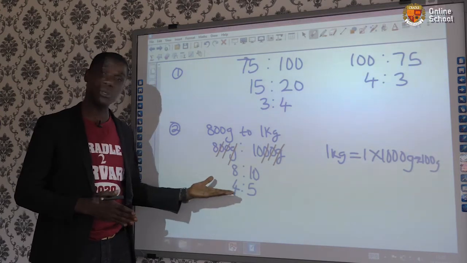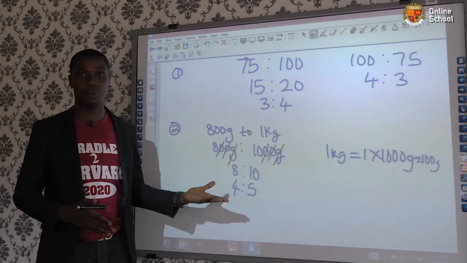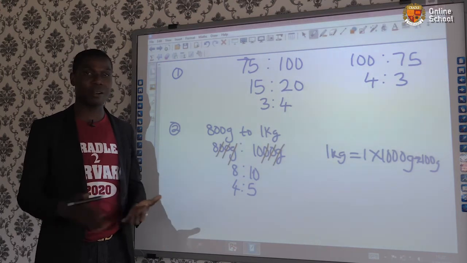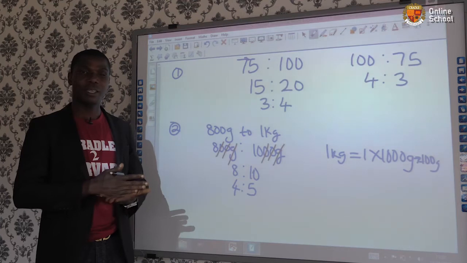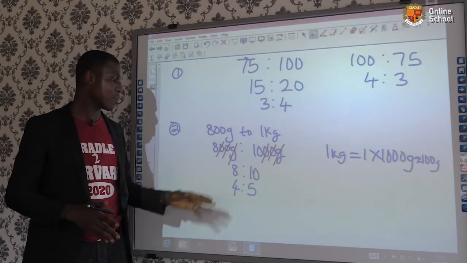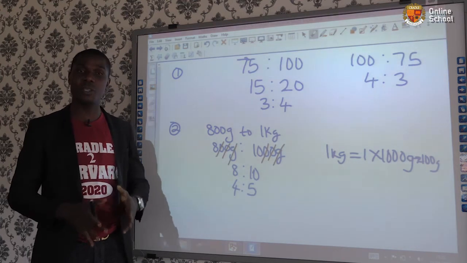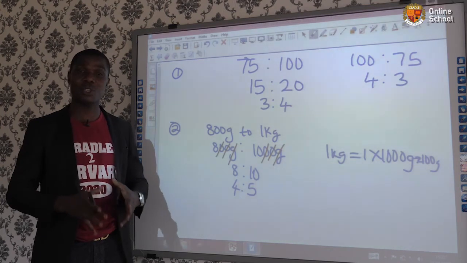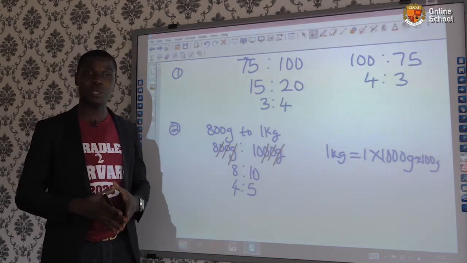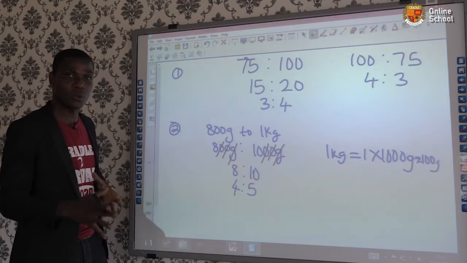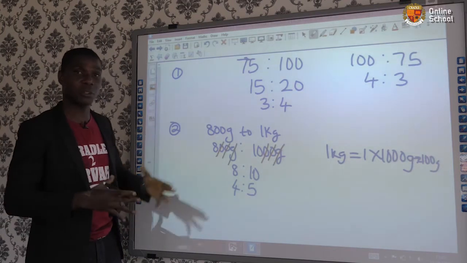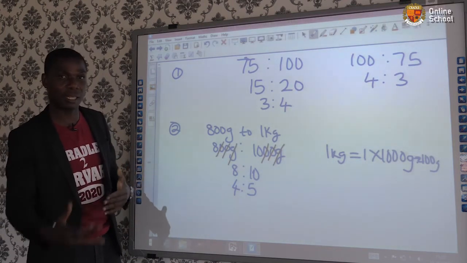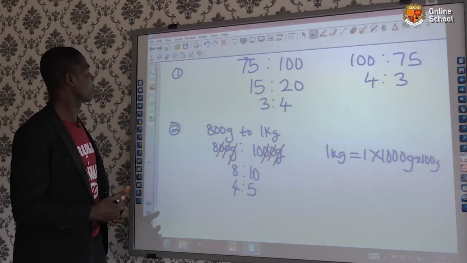So there's no need for you to indicate units in ratios anymore. Be it in naira, be it in kobo, in length, whatever unit it is, there's no unit in ratios. It's just figures that you are expected to see because you are comparing 2 variables. By how much is this greater than this? By how much is this lesser than this? Are you with me? Good.